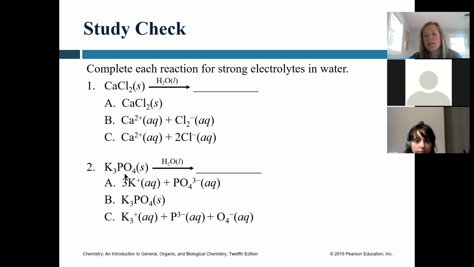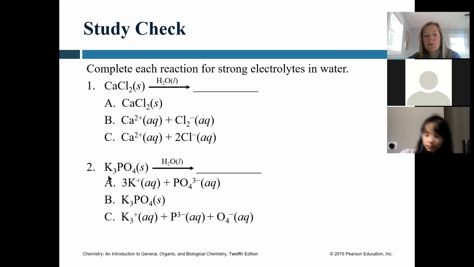Looking at this one here, this is a little bit different than the first one because we have a polyatomic ion. In this case, the polyatomic ions will always stay as packets. The polyatomic itself isn't going to break apart into its constituent ions. It itself is sort of an ion.